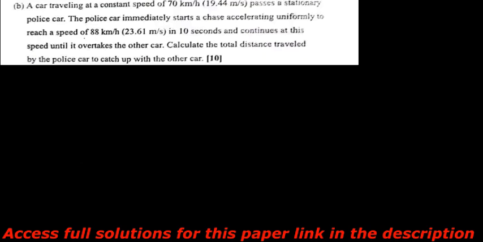So I have a linear motion question, one of the most interesting questions under linear motion. Let us read the question and see how we can solve it. A car traveling at a constant speed of 70 kilometers per hour, which is 19.44 meters per second, passes a stationary police car.